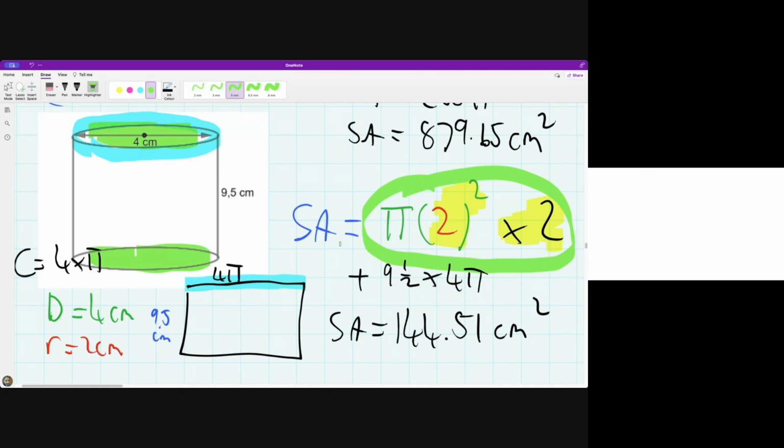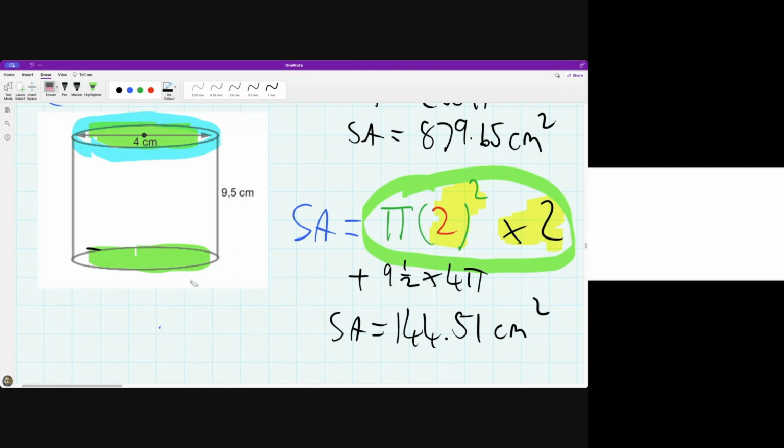Okay. Now, bonus question. I want you to work out the volume of this cylinder. Can you work out for me the volume of the cylinder? And the only tip I'm going to say to you is a cylinder is based around a circle. See if you can take the ideas from earlier on and think about what you need to find first and what you need to do after that.